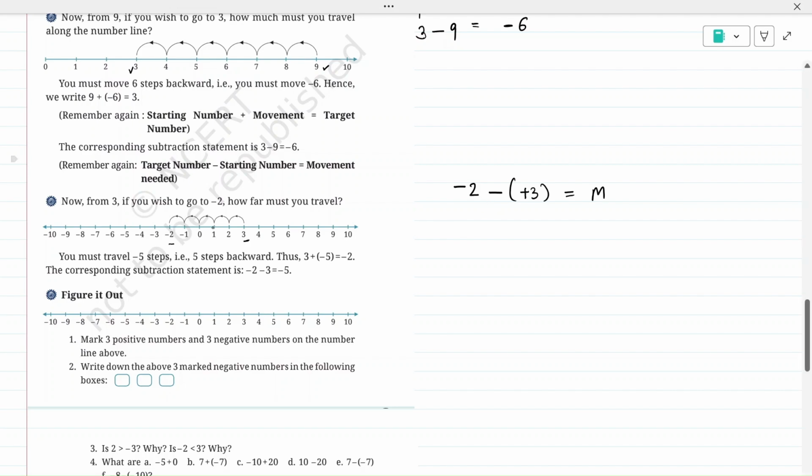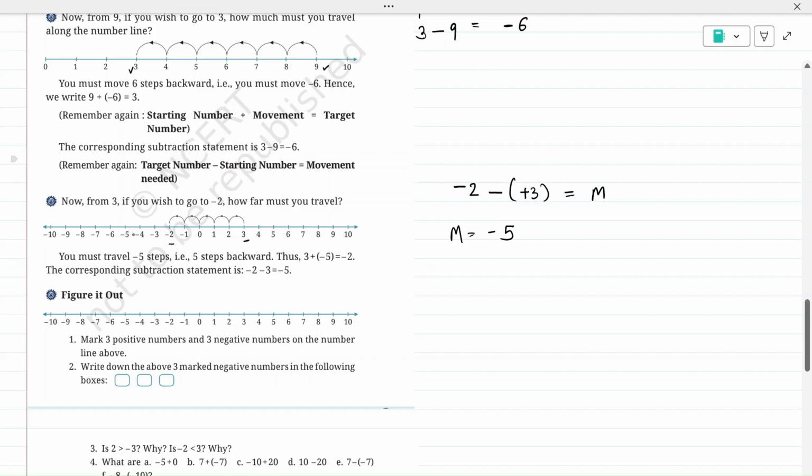Since again from 3 I'm going to this position, how many steps are we taking? We are taking minus 2, 1, 2, 3, 4, 5. This will be a total of 5 steps. Okay, movement is 5 steps, and since we are going in the backward direction, we will get minus.